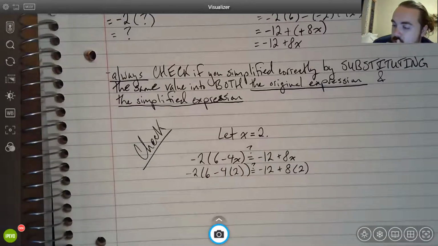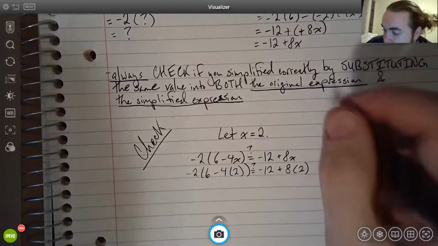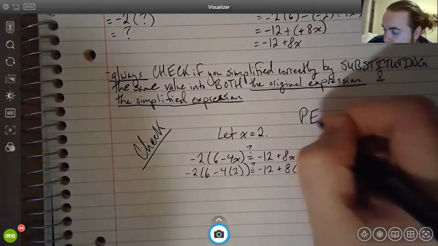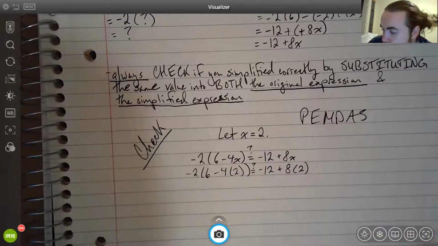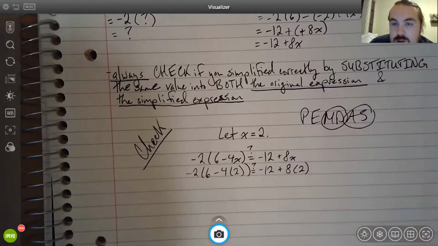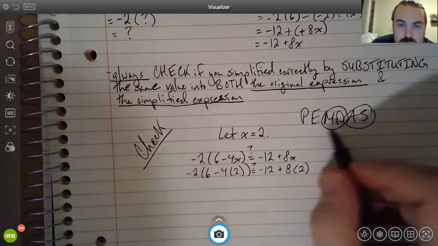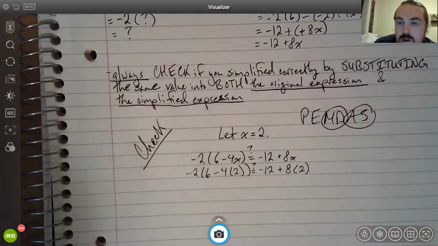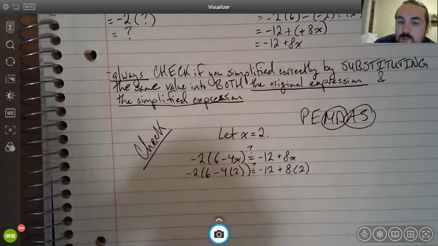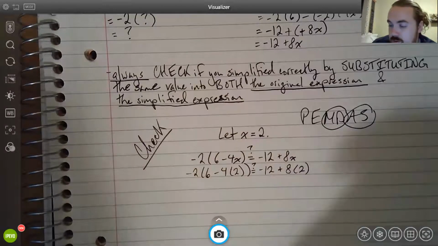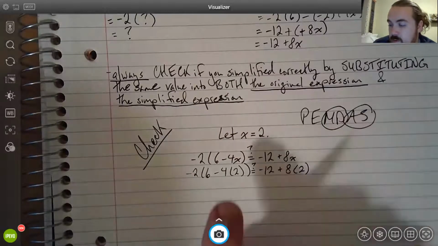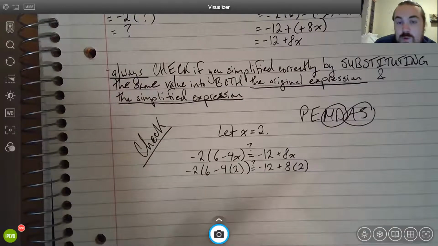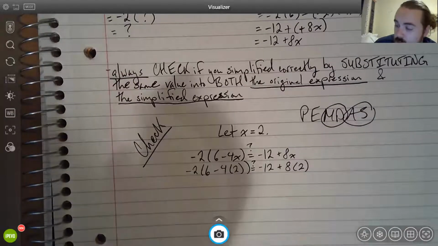In this case, remember we're doing order of operations. Usually you want to have that on the page: PEMDAS, circle MD, circle AS. Multiplication and division come first, whichever goes from left to right, and then addition and subtraction, whichever goes from left to right. In this case, we have multiplication over here and multiplication over here coming first, because remember, you do each side separately.